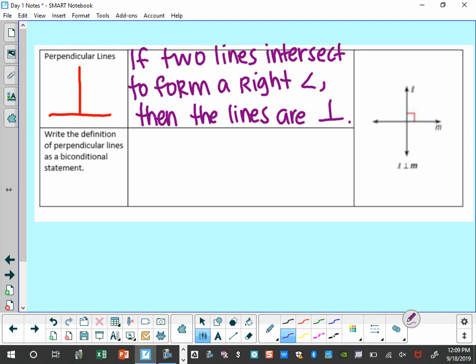This part of our vocab is also known as symbols. Perpendicular is a long word, so you'll normally see it as a symbol.